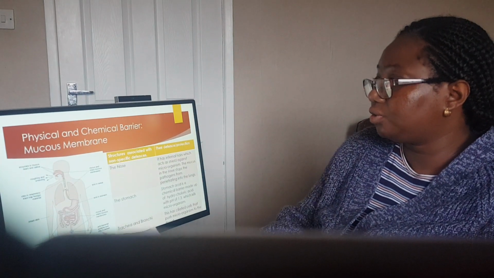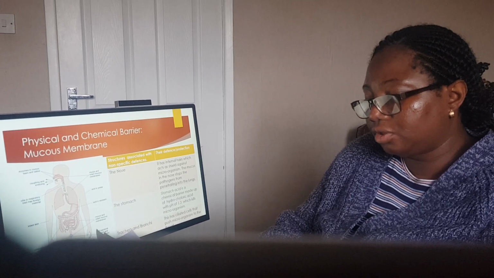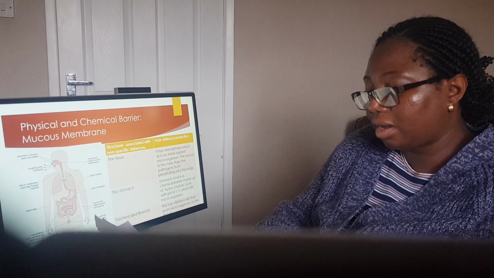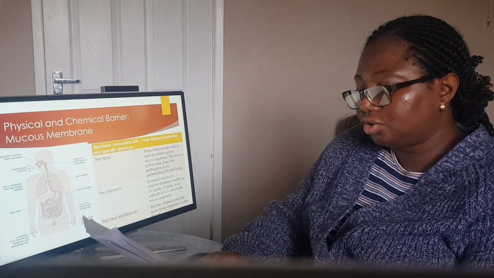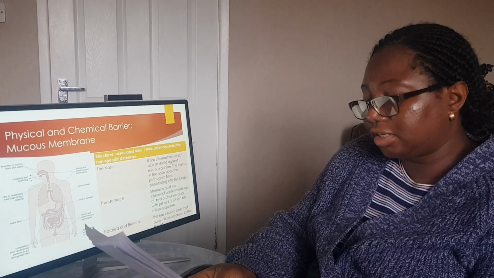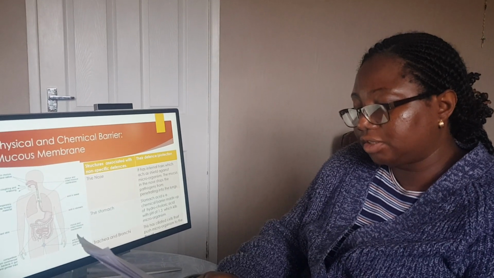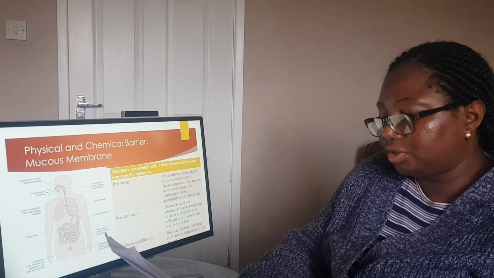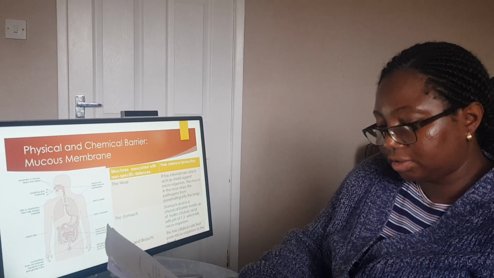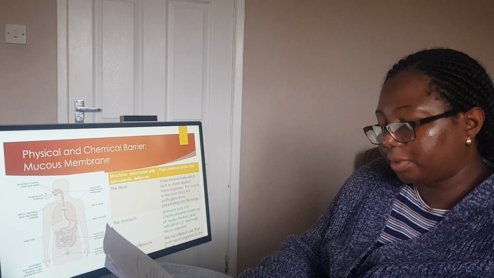Another example of physical barrier is the mucous membrane. Mucous membrane includes the eyes, nose, mouth, throat, gastrointestinal tract, respiratory tract, urogenital tract, and vaginal tract. They are the major interface between the external environment and the internal environment of the body. Mucous membrane assists the body to remain in its healthy status by allowing nutrients through whilst defending against pathogens.